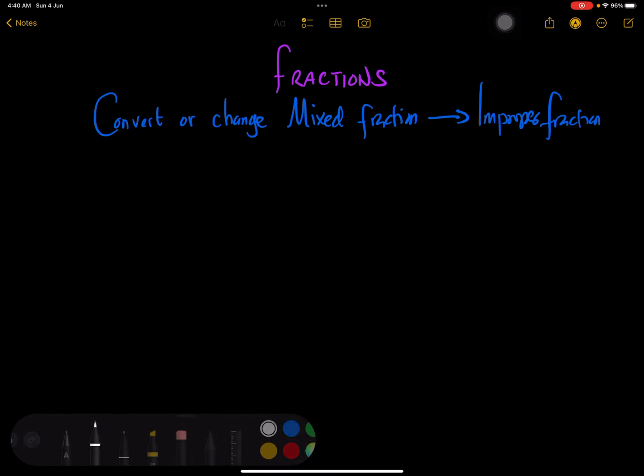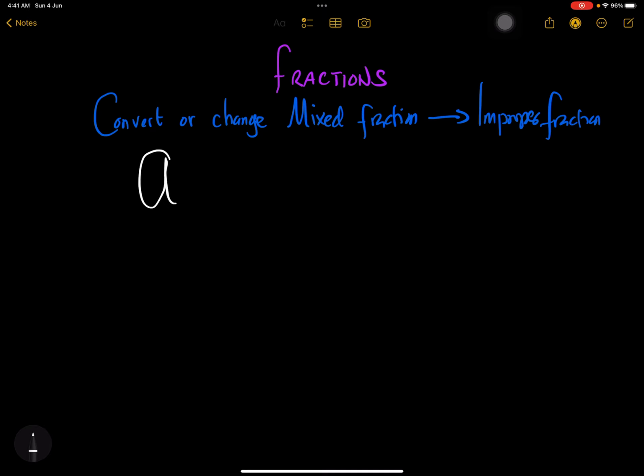Imagine that you have a mixed fraction, a whole number, m over n, for example. To convert this mixed fraction, this whole thing here, to a fraction, what we need to do is to multiply the whole number by the denominator, right?